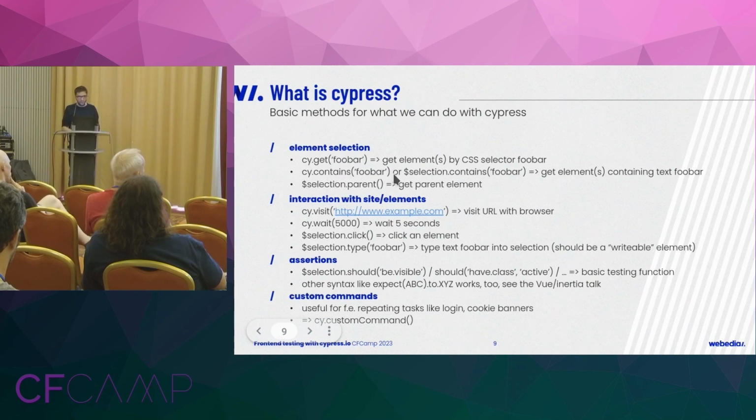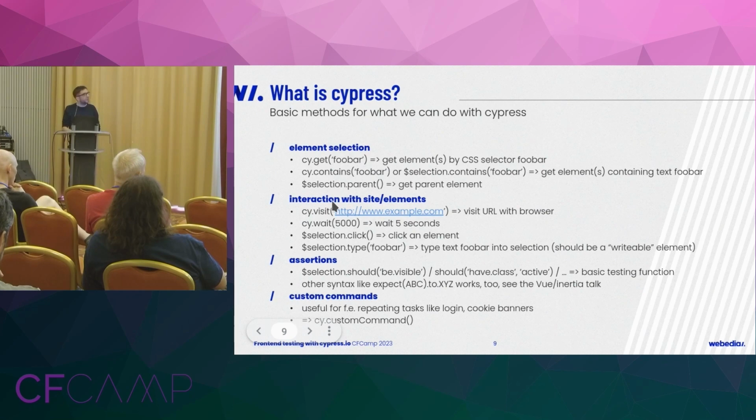With contains, you can select an element that contains a text, like the text foobar in this example. Or there's also tree traversal, as with classic CSS or JavaScript. For example, if you already have an element and you say element.parent, it just selects the parent element of the one you selected, as you would expect. And of course, there are other ones that don't all fit on the page, like children, siblings, and so on. So it's pretty easy to get around.